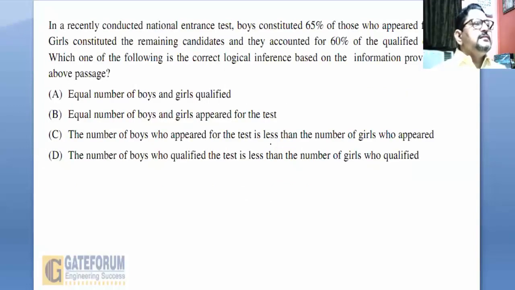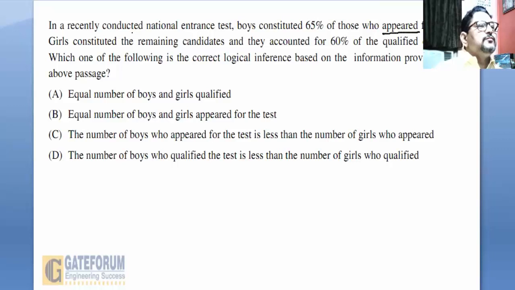In a recently conducted national entrance test, boys constituted 65% of those who appeared for the test. Okay, so we are talking here of the appearance for the test. Girls constituted the remaining candidates.